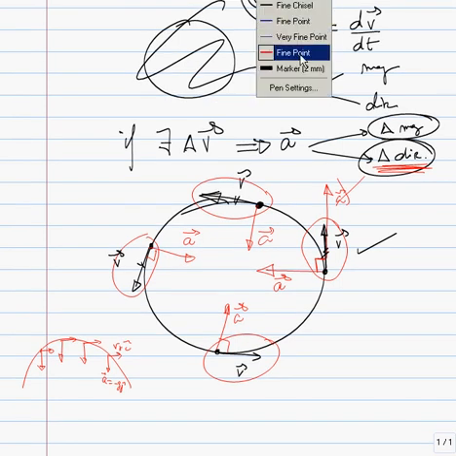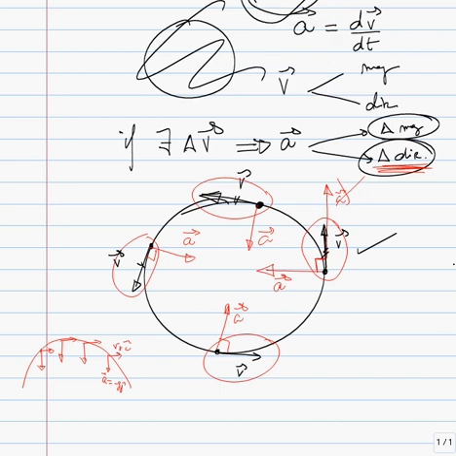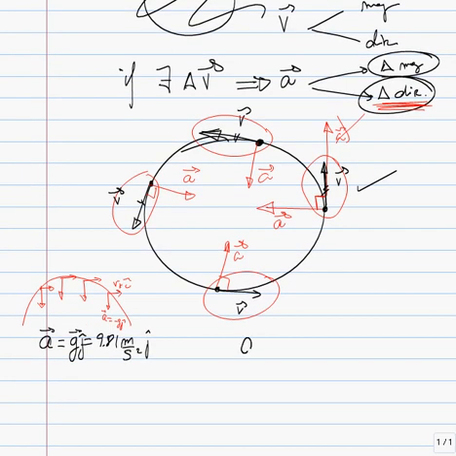Now we could derive the functional form, the same way as we had a equal to g, 9.81 meters per second squared, for the case of projectile or free falling in the negative direction. We could derive the functional form of the magnitude of the acceleration for the case of a circular uniform motion. But for us to be able to do so, we would need to change the coordinate system.